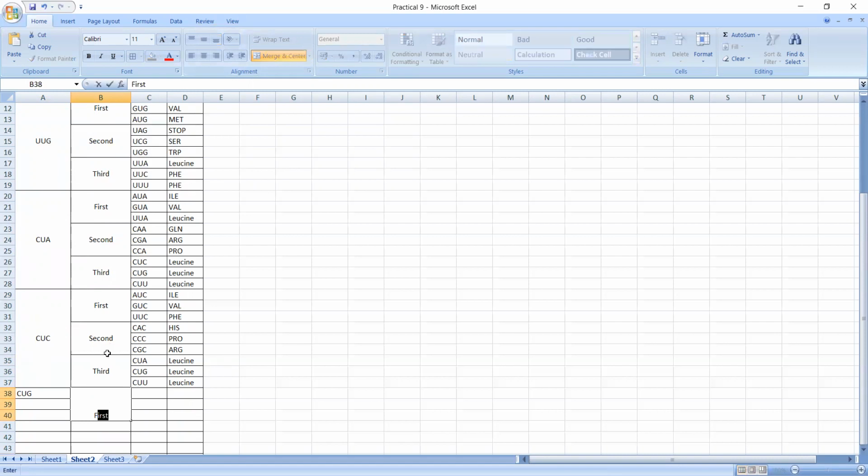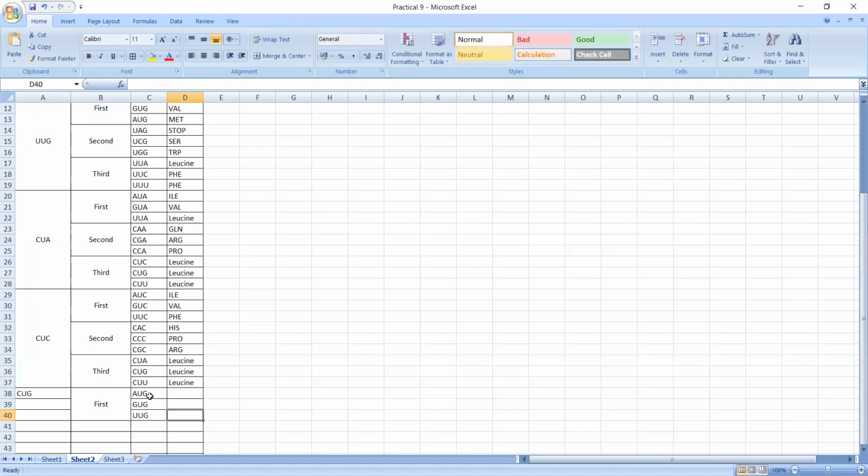If there is a change in the first base, what is the first base? It is a C. So if there is a change, it is going to be AUG, GUG and UUG.